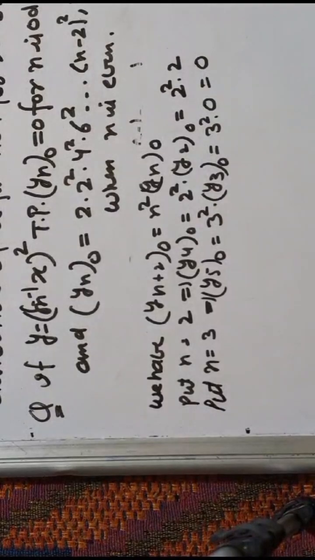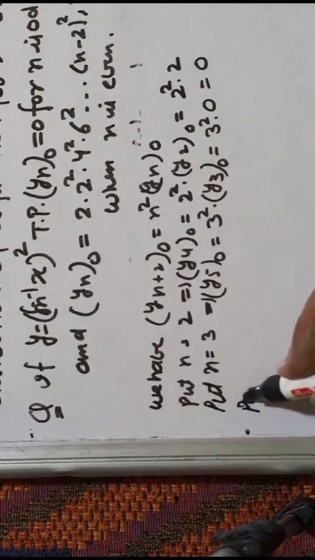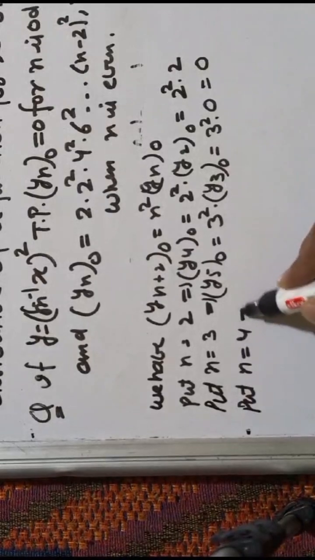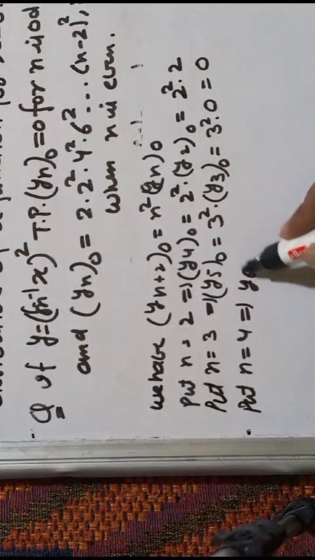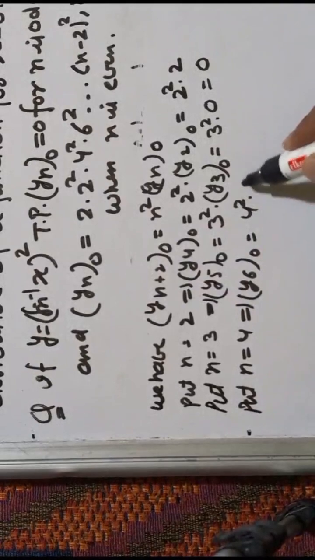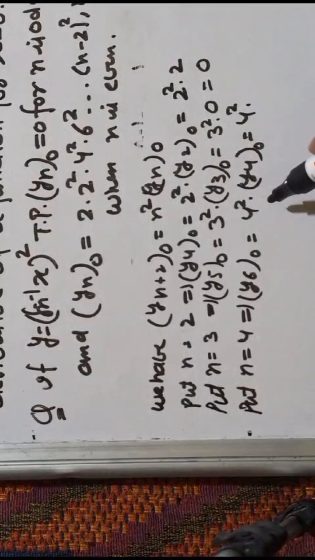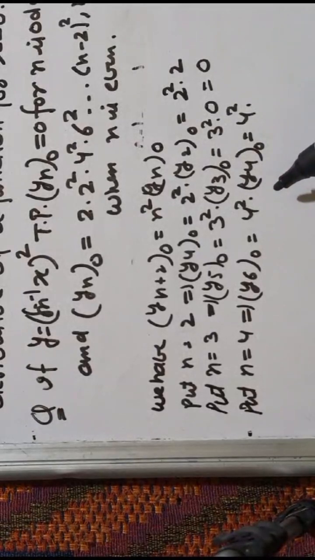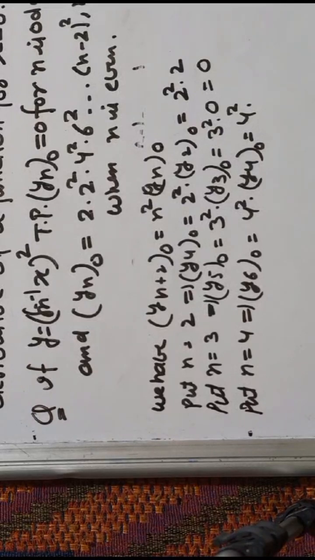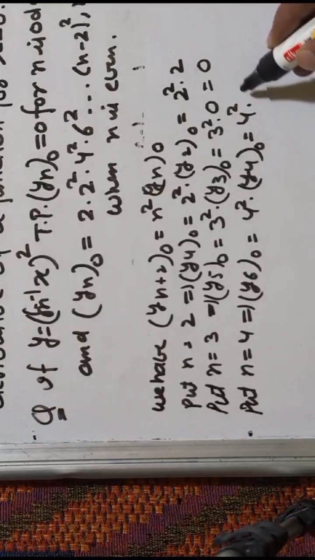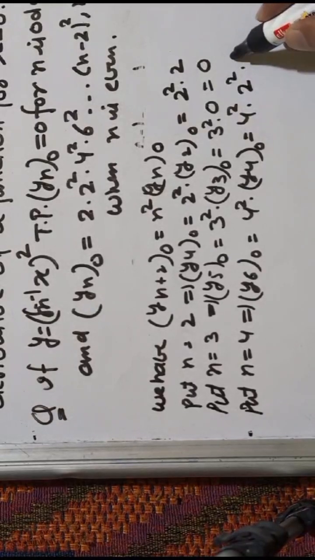Finally we got it 0. And the last value also, find n is equal to 4 for finding the value of y6(0). 4 square y4(0), and that is 4 square y4(0) is equal to 4 square, 2 square dot 2.